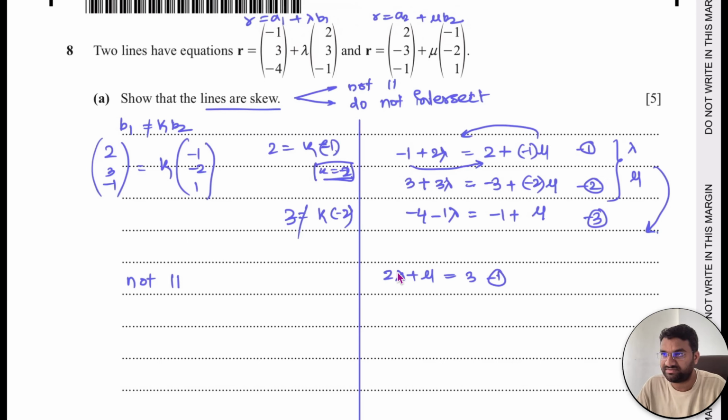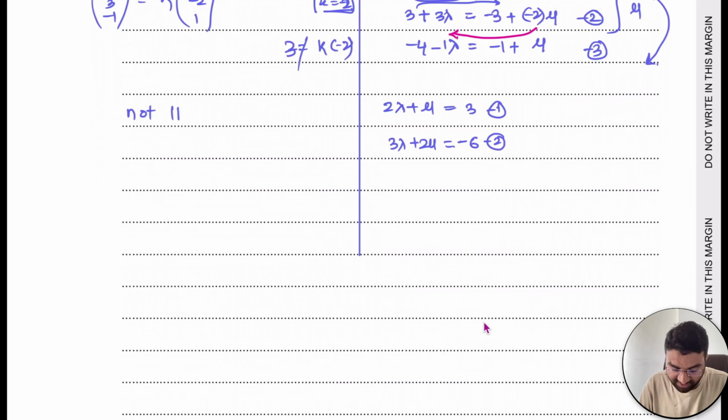Secondly, transfer this μ to the left and the 3 to the right: 3λ + 2μ equals -6. This is the second equation. If you solve these two equations in your calculator, you will get λ equal to 12 and μ equal to -21.